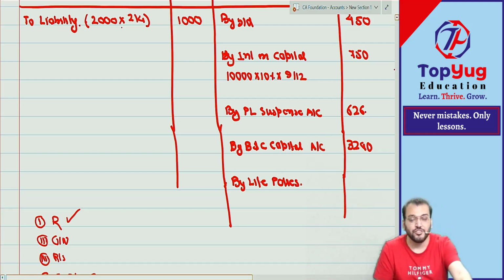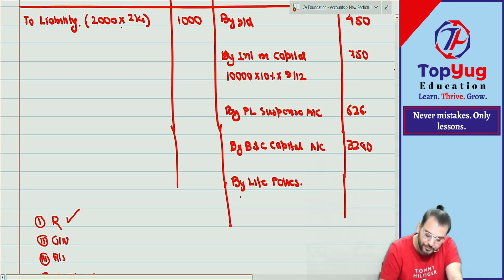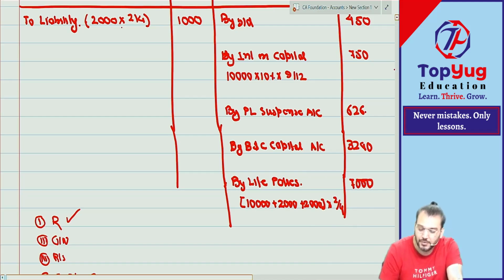So life policies amount will also be credited. Tell me, how much will we take for A? Now A's 10,000, for B 2,000, for C. This you have understood, what I am taking. Into what his share? 2 by 4. How much? So 7,000 will come. His share will be credited, na?